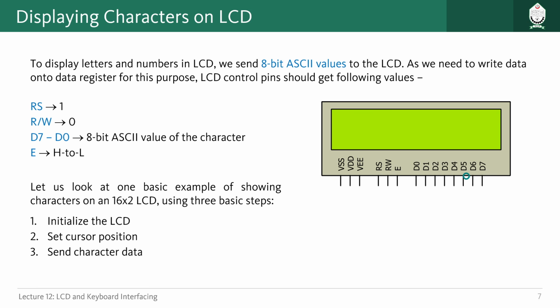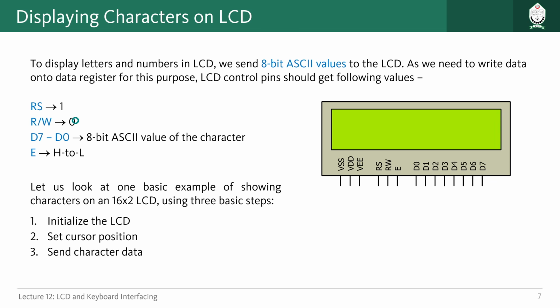And because we want to write something, these are the values we have to send to different pins. RS should be equal to 1 because now we want to store some data onto the data register. Remember, for the command register, RS is equal to 0. For the data register, RS is equal to 1. So that's why this is 1. And here, RW is equal to 0 because we want to write something.